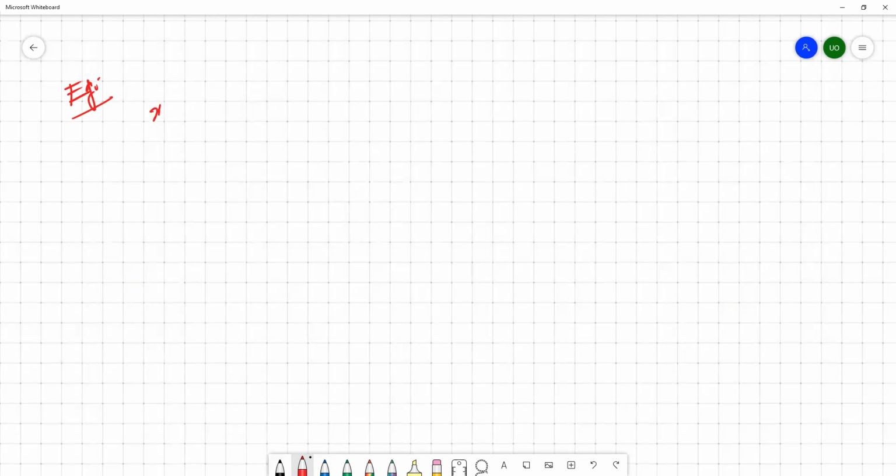We have a signal x(t) equals 3 times cos 100πt. If you are given this kind of signal, you should convert it into the format A cos 2π(something)t.